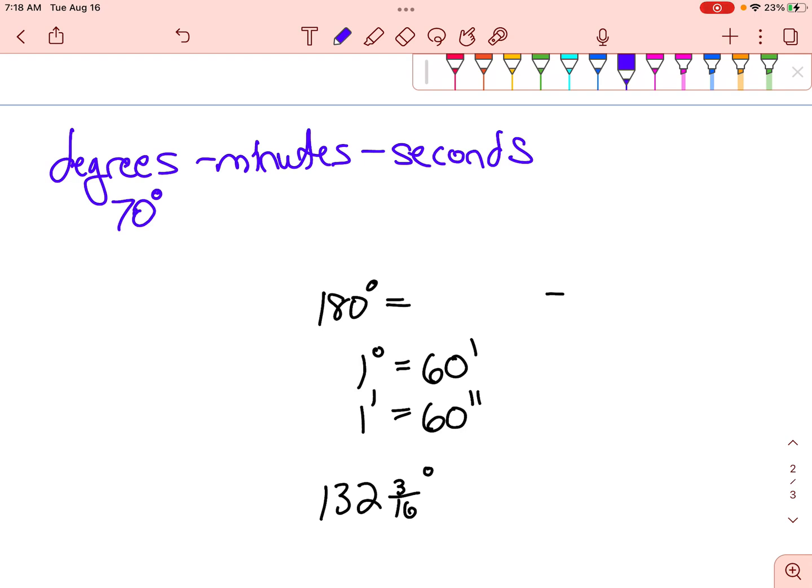And that's talking about an angle. But when we get really specific about an angle, we can also have 70 degrees and 30 minutes. We'll start talking about what 30 minutes represents. And then we also have seconds. So we can have, let's say, 30 seconds.